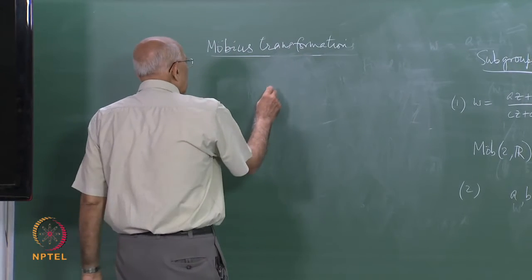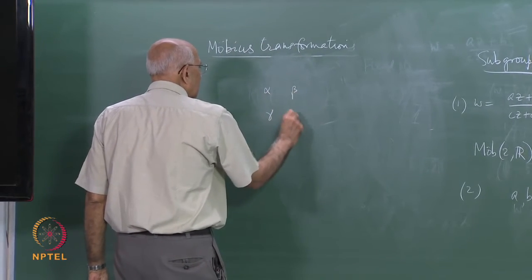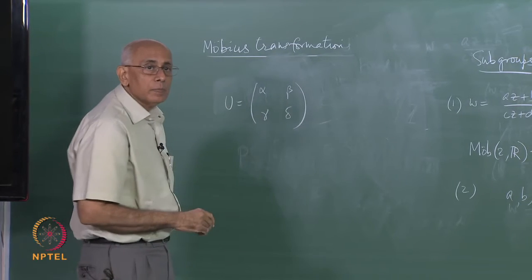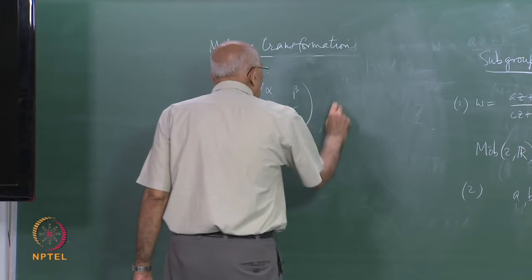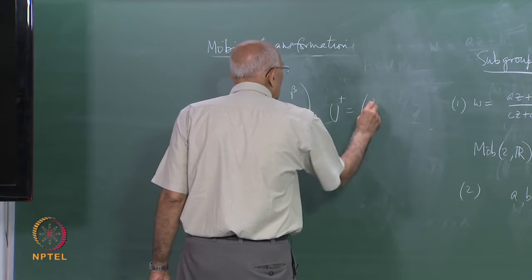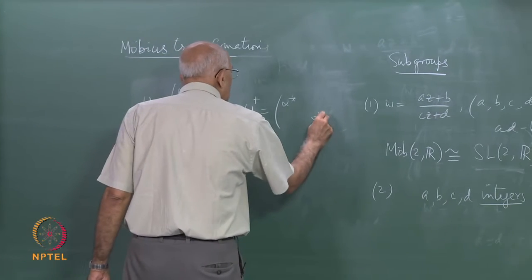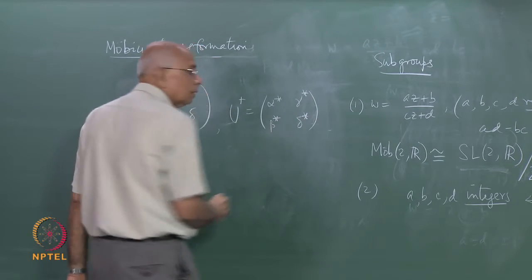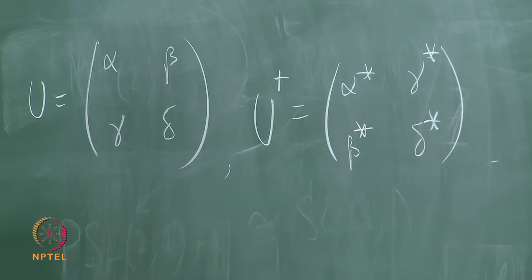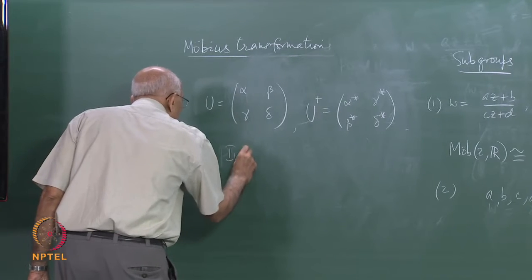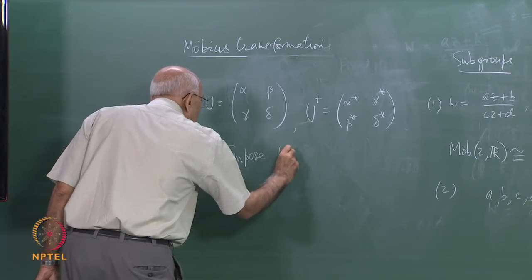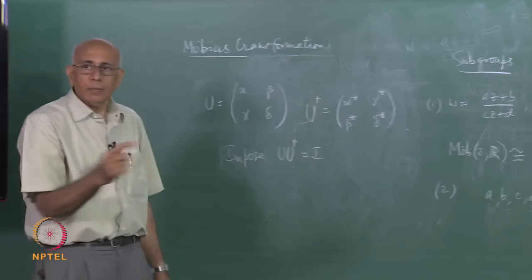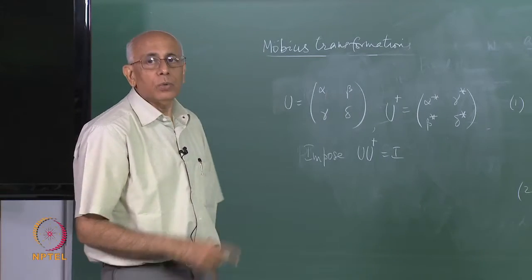So you want to start with a matrix alpha, beta, gamma, delta, and let us call this matrix U, and U dagger therefore is alpha star, delta star, gamma star and beta star in this fashion, and now impose U dagger U equal to I.